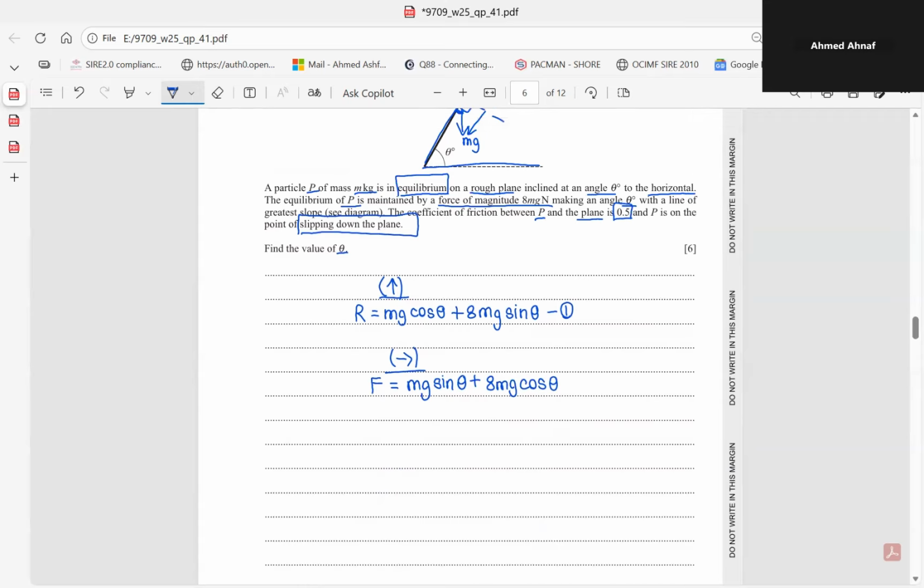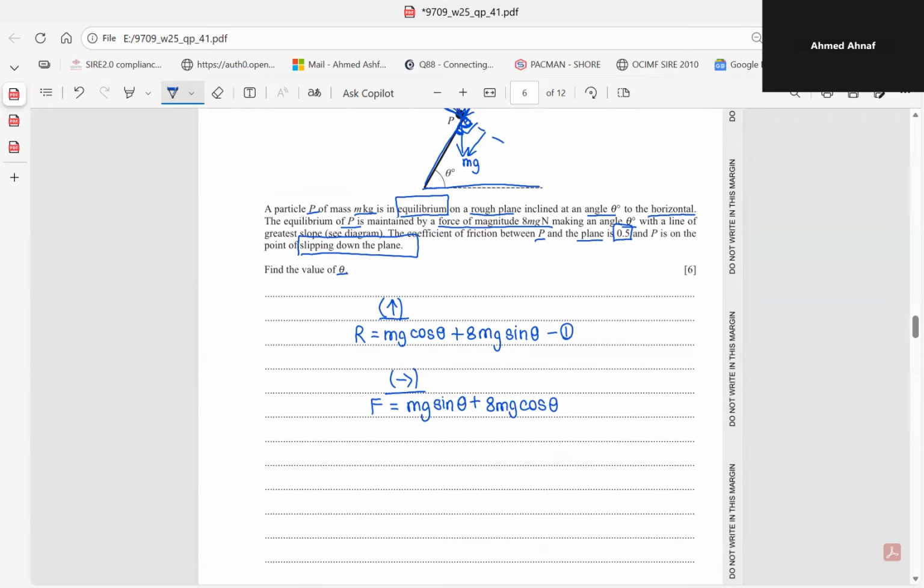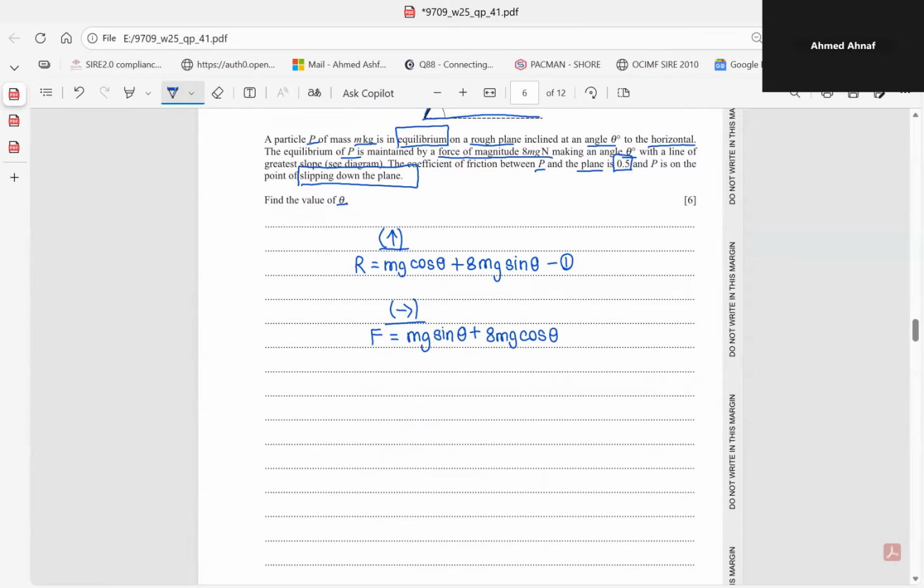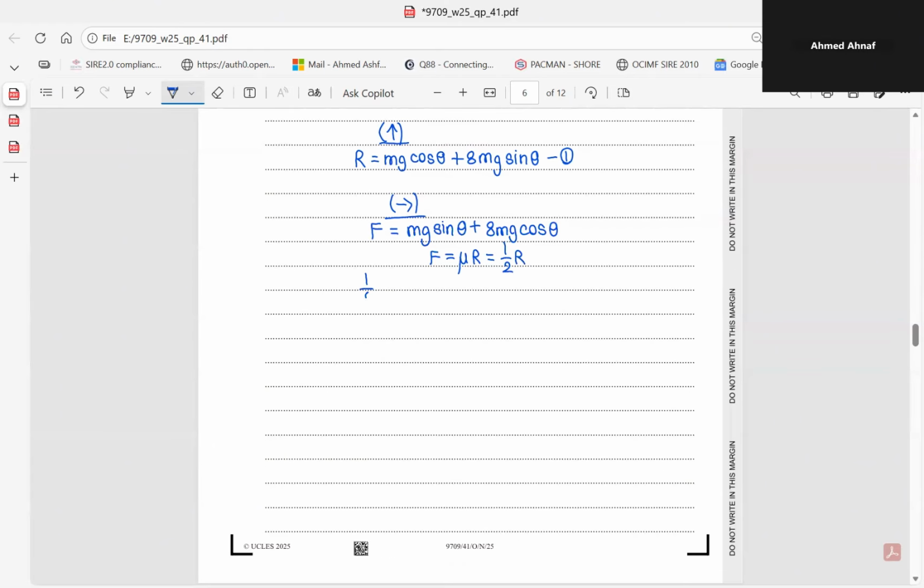All right. Now we're going to use F equals mu R. And mu we already know it's just 0.5. So just going to write it as half. So it's just half R. And half, so we get half R equals to all these. And we already have another equation in terms of R, which is up here.